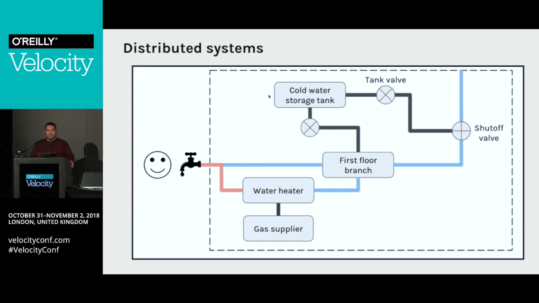Pretty simple. But let's say we have a small leak here that causes water loss. That leak will end up decreasing the water pressure, and the water will take a little more time to flow through the pipes. But eventually, the water will flow out, and the person will be happy.